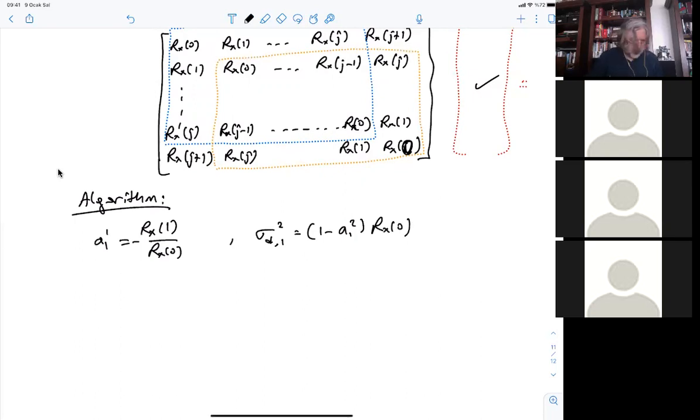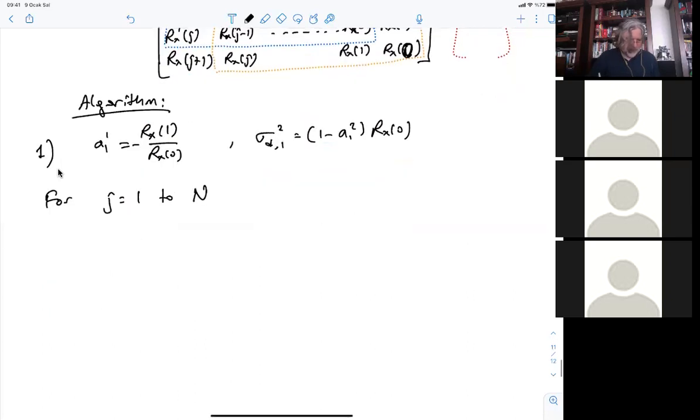So you start with this one, step number 1. And then for j from 1 to n, you do the following steps.